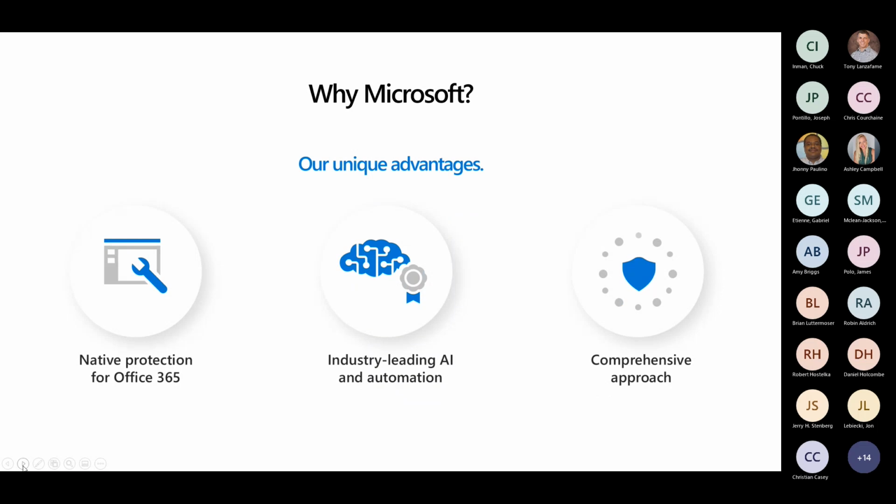One of the things that's unique about this is that Defender for Office 365 is built into the product. There isn't anything to install. This is really just turning on the product. It also incorporates all of the AI and other information from our Microsoft Security Graph, where we receive gigabytes of telemetry on a daily basis, and we incorporate that into our threat protection.